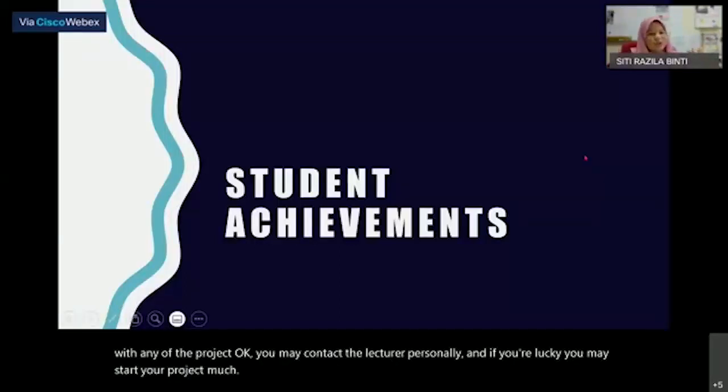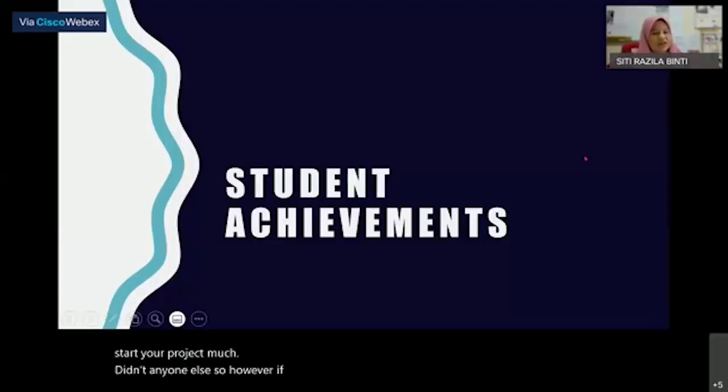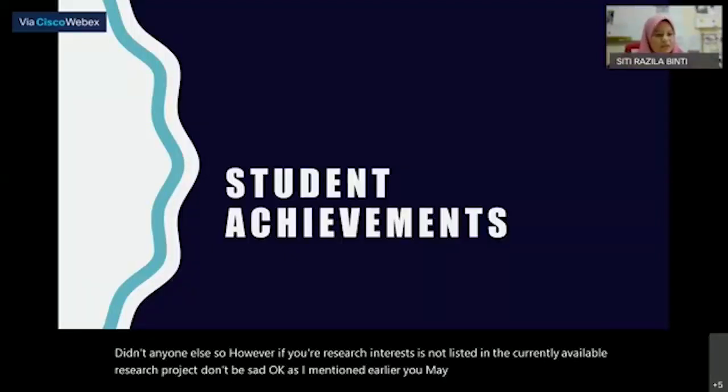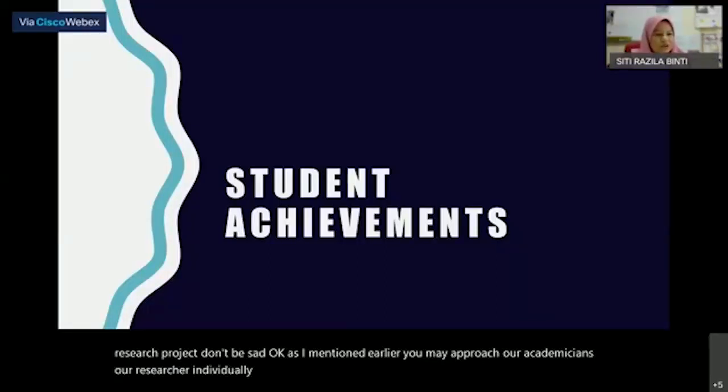However, if your research interest is not listed, don't be sad. As I mentioned earlier, you may approach our academicians and researchers individually to cater to your research interest in order to fulfill the requirement for the Master of Science Medical Research program.